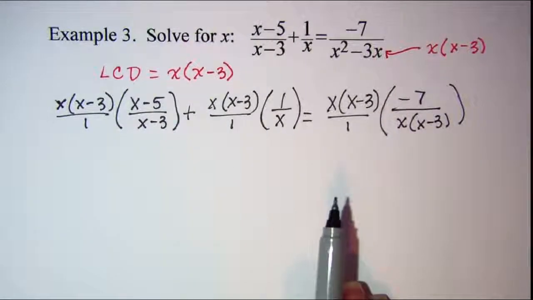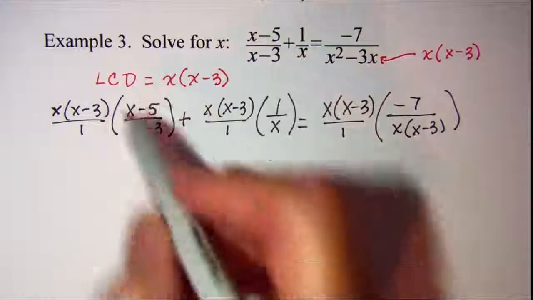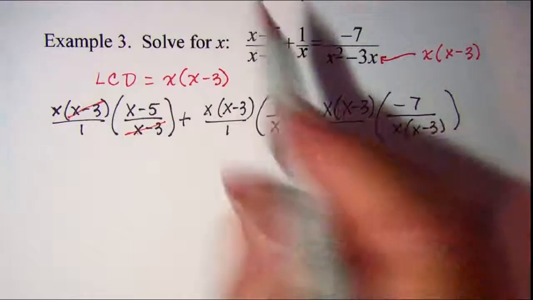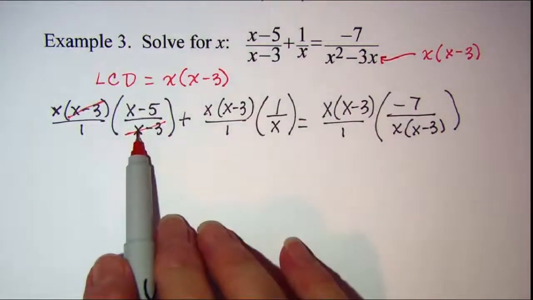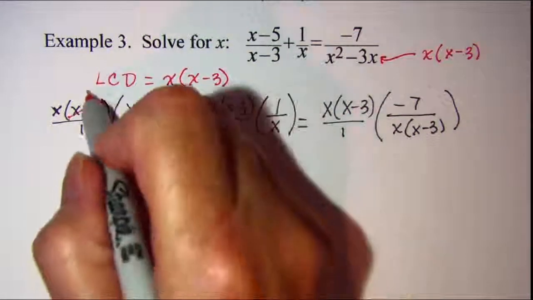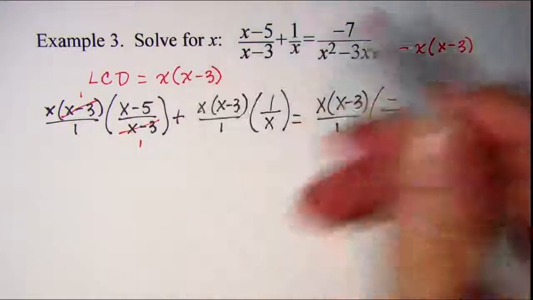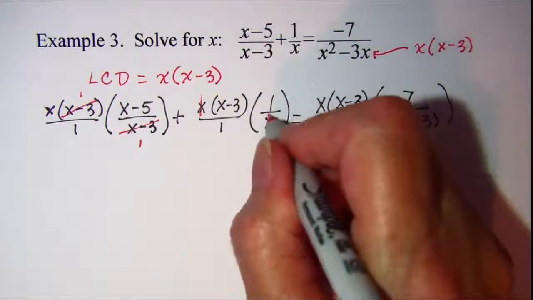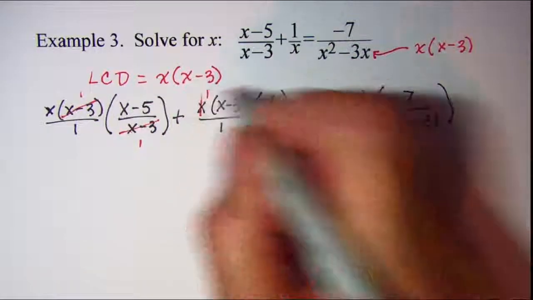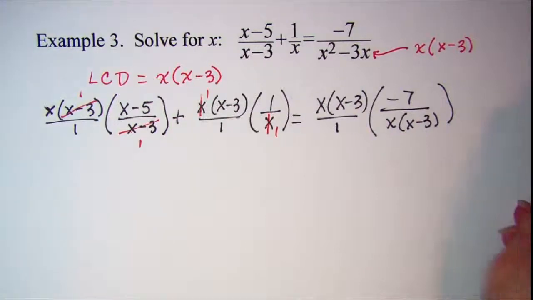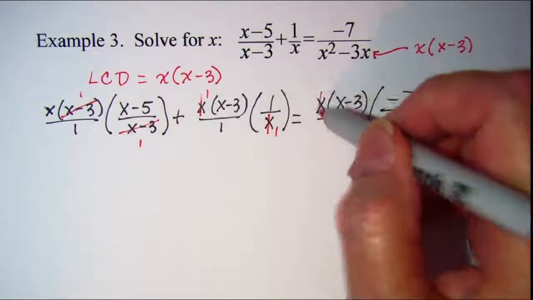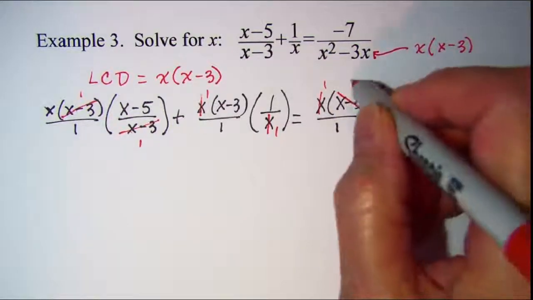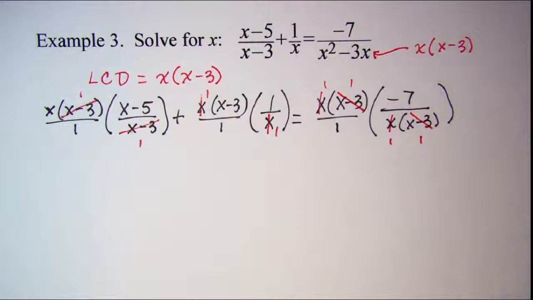Right, so in my first term, that x - 3 in the numerator, x - 3 in the denominator, that's 1, and so those cancel. An x in the numerator and an x in the denominator, that's 1, so those cancel. And on this one, the x over x is 1, and the (x - 3) over (x - 3) is also 1.